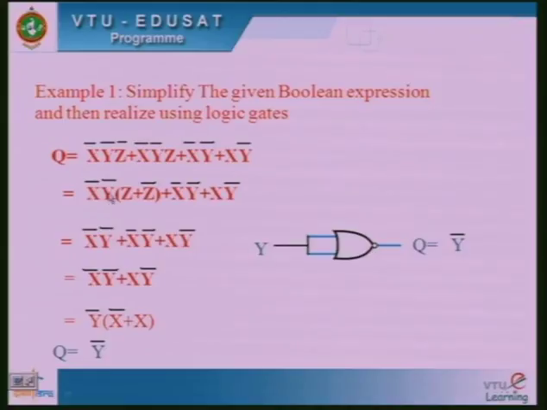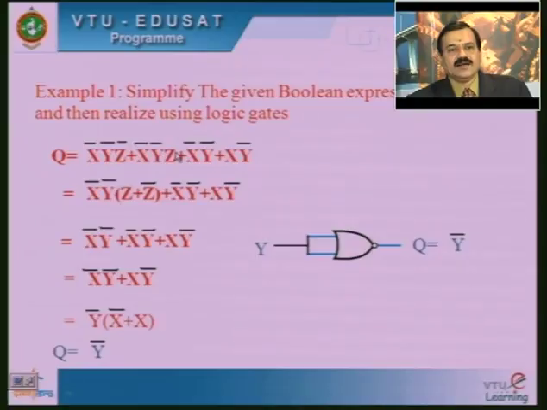Taking x bar y bar common in the first two terms, you can write z here and z bar there, and the other terms remain as they are. Now z plus z bar is treated as 1.